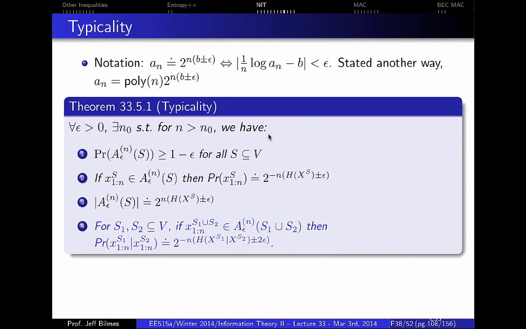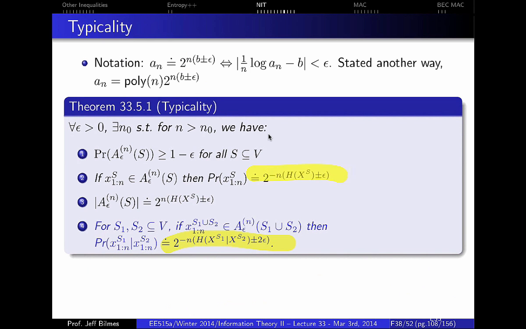And then lastly, if we have two sets of elements, S1 and S2, and these are jointly S1, S2 typical, then the conditional probability, the probability of one given the other, is going to all have the same probability, equal to 2 to the negative n times the conditional entropy, which is this.